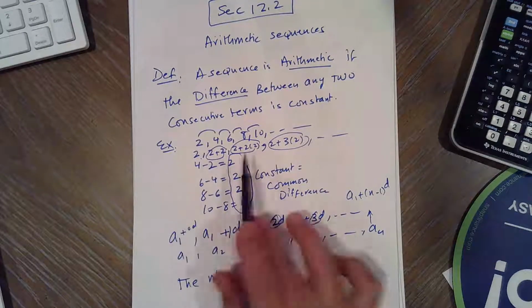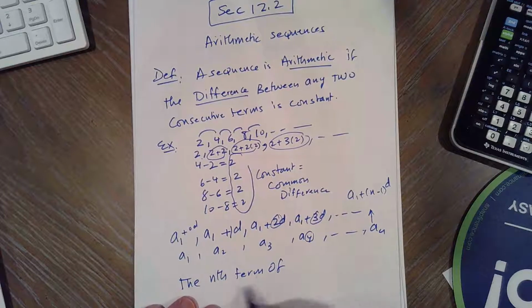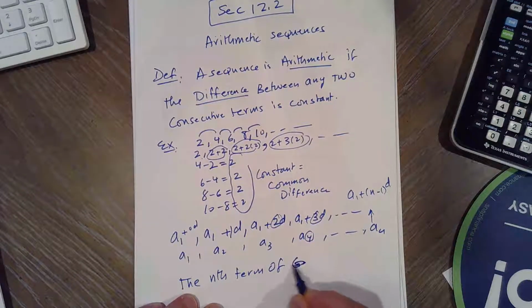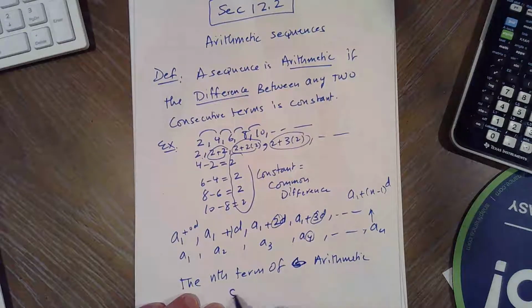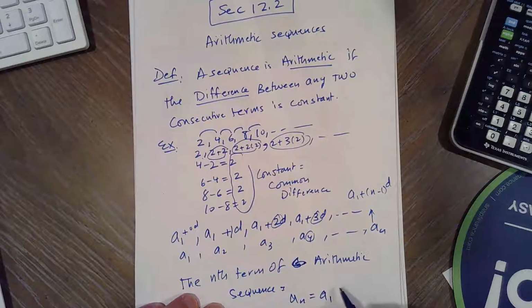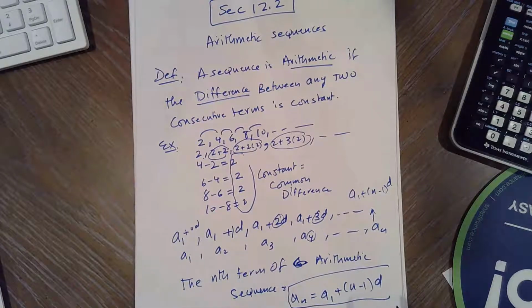Once we know it's arithmetic, the pattern is right there. The nth term of an arithmetic sequence is a_n equals a1 plus (n minus 1)d.